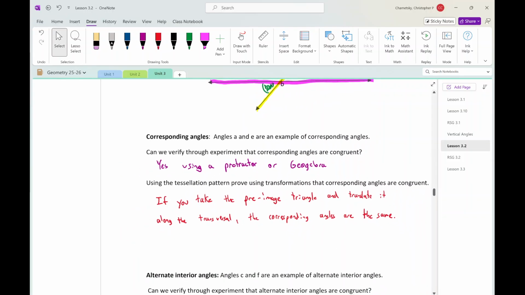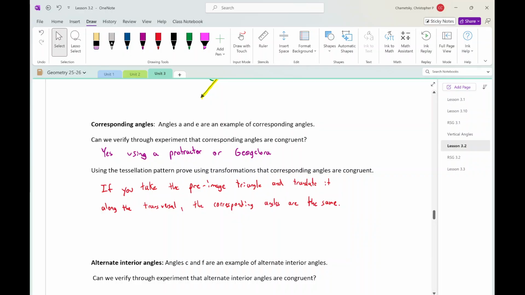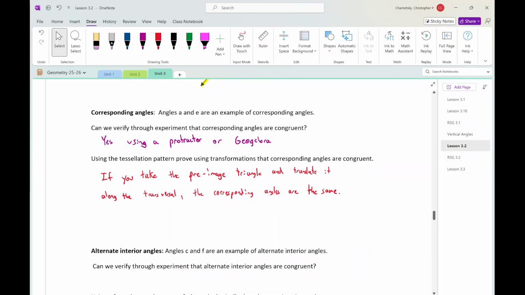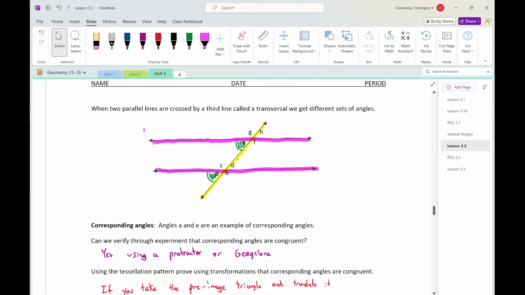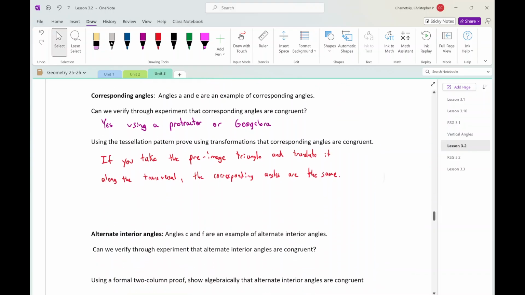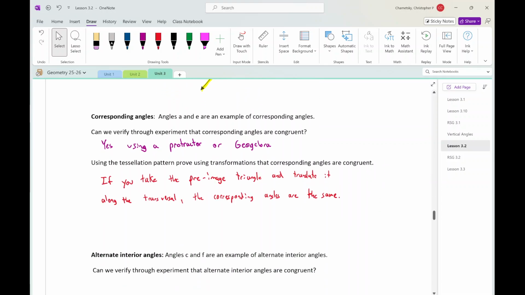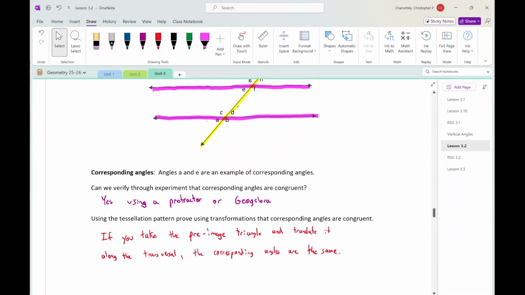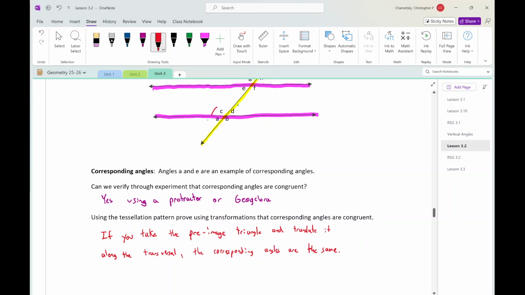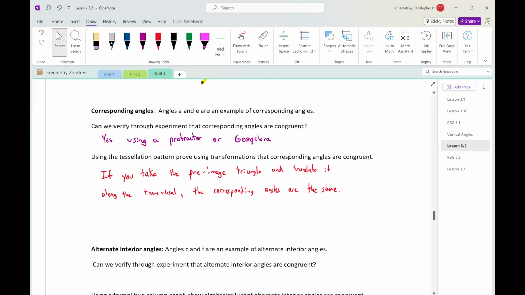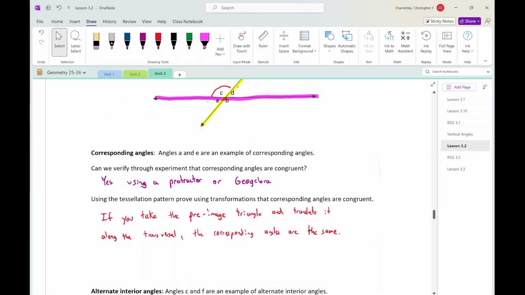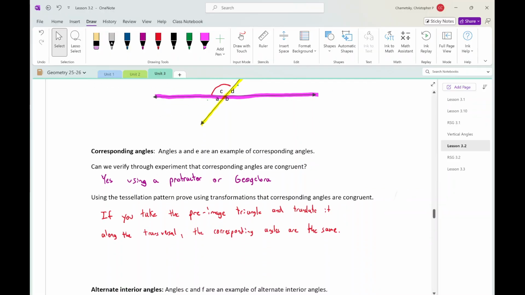All right. Well, let's look at some other angles that we create in this diagram. So besides corresponding angles, we also have angles that we call alternate interior angles. So for example, C and F are alternate interior angles. And we could do the same thing that we did using our tessellation pattern to determine that they are congruent.